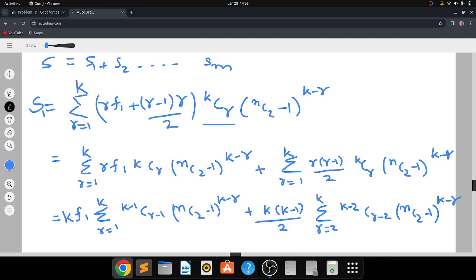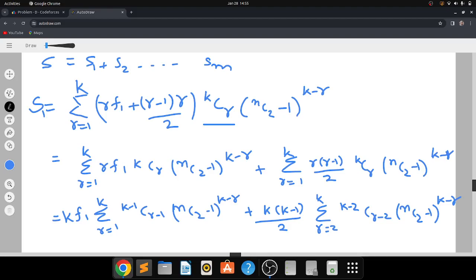What is NC2 minus 1? NC2 is the total number of pairs, not friendship pairs. Why did we subtract 1? Because we do not want to select the first friendship pair.